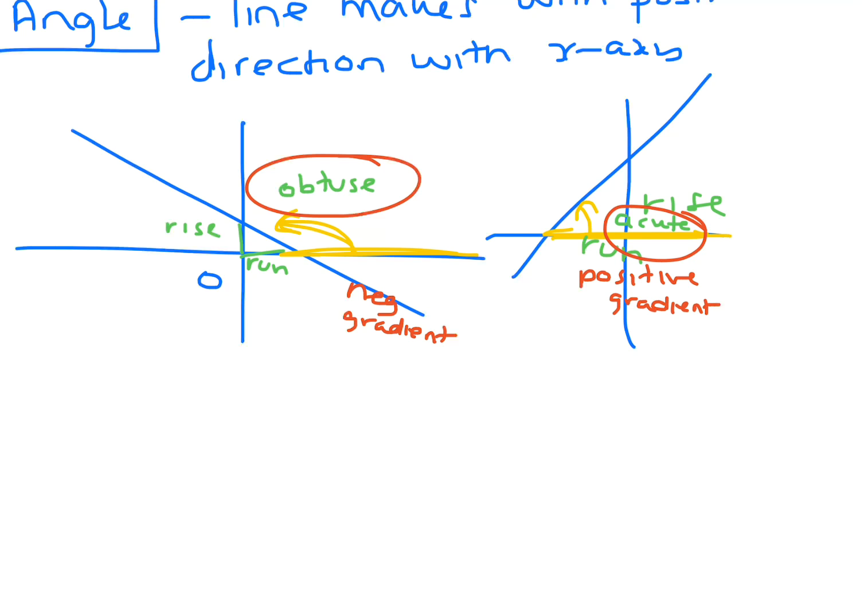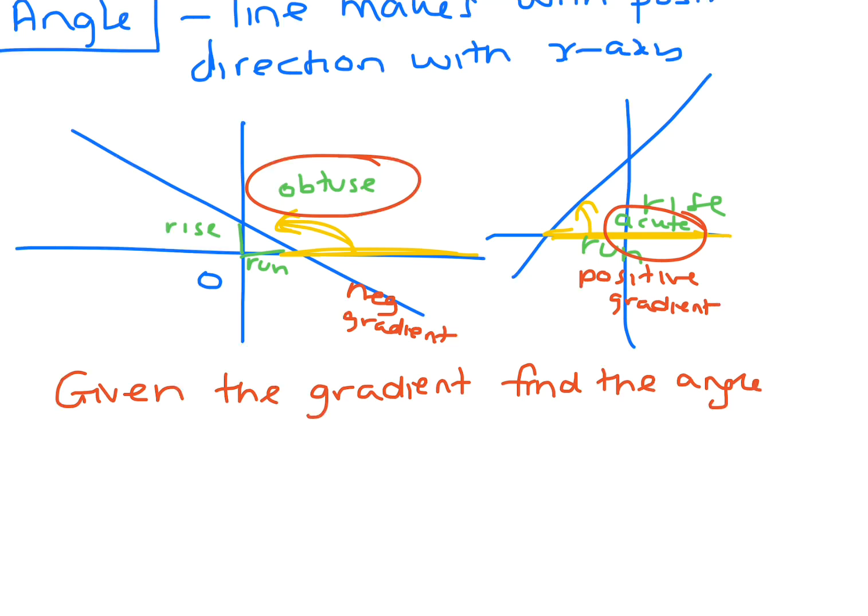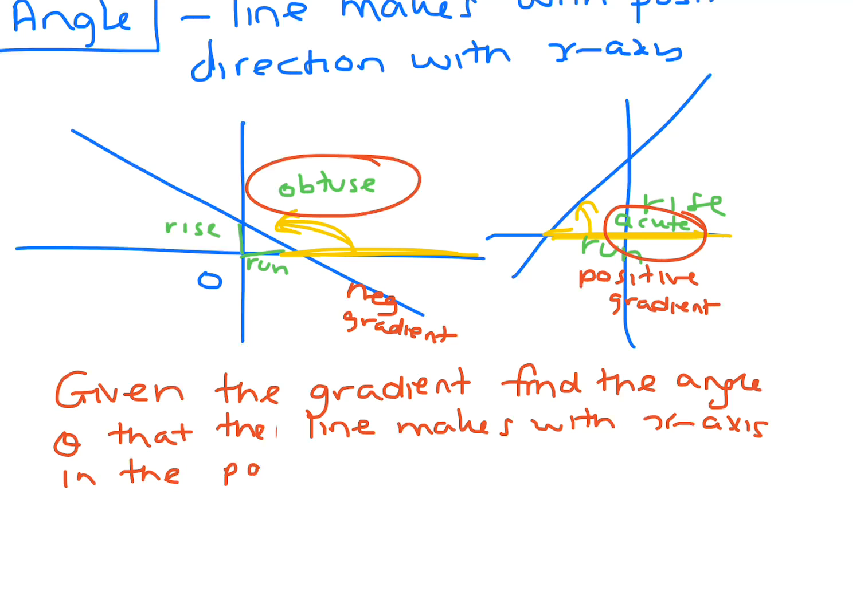Okay, so if you are given the gradient, you can find what that angle is. So if you're given the gradient, find the angle theta that the line makes with the positive direction of the x-axis.